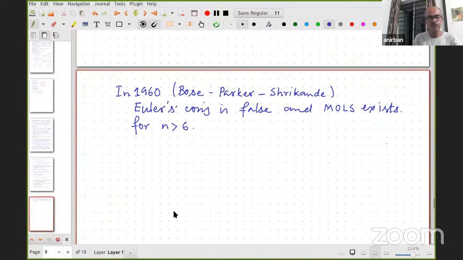The next theorem says, in fact, if n is of a certain form, a prime power, as we'll see later, then you can find not only two mutually orthogonal, but the entire set of all n minus 1 mutually orthogonal Latin squares. The full set, the maximum possible number, exists, and you can construct them quite easily. So that's the theorem.